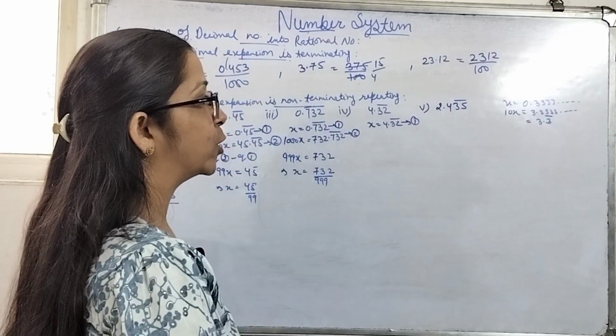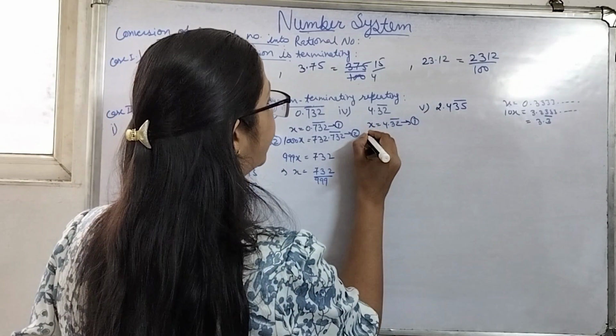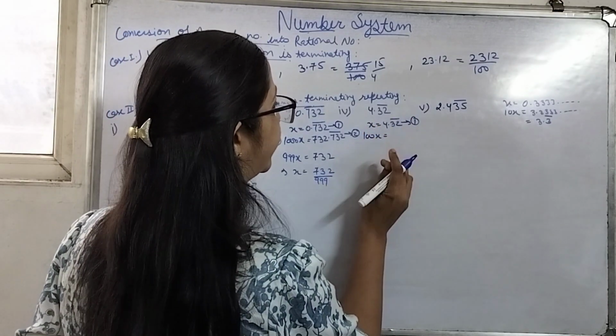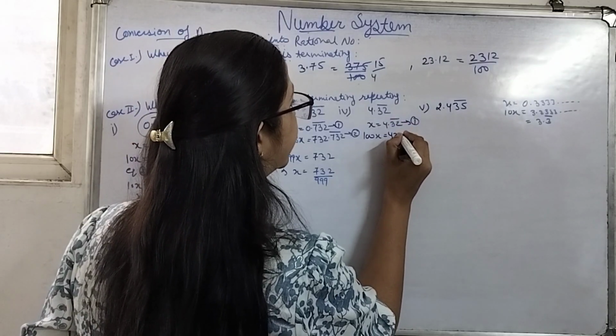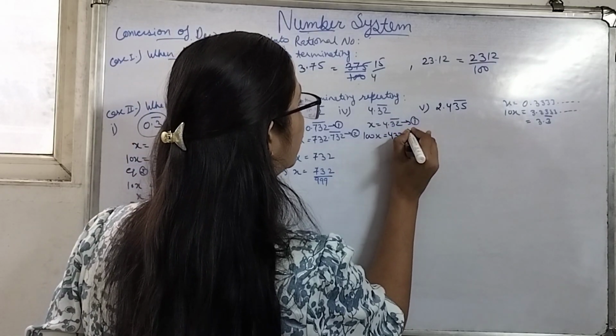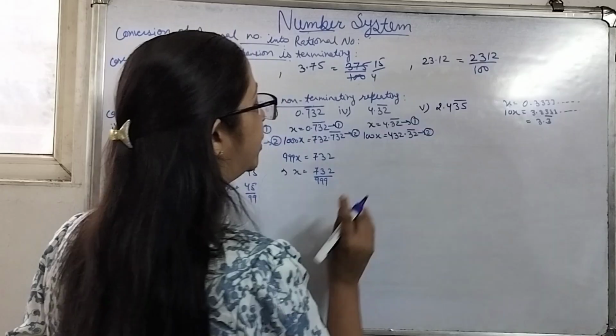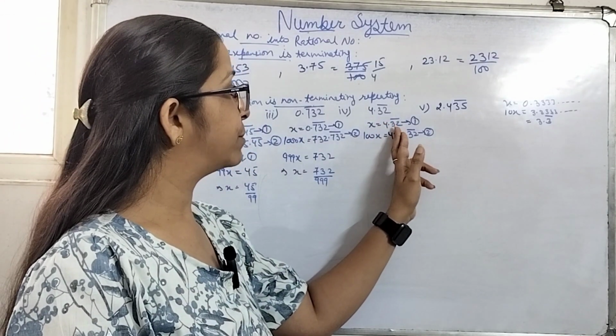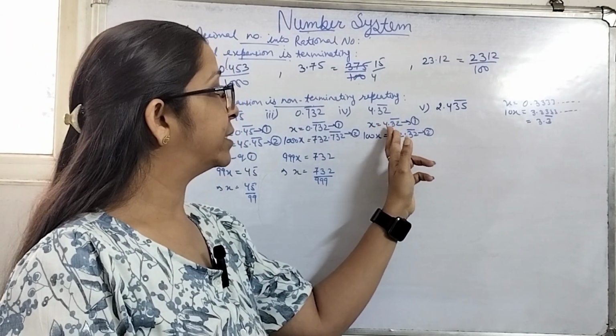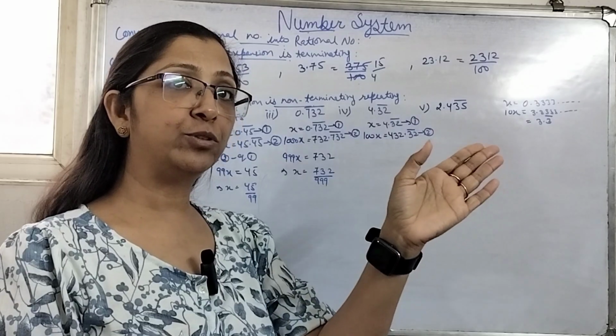If we multiply this equation number 1 by 100, this will become 100x is equivalent to 432.32 bar. This is your equation number 2. Because we have multiplied this by 100, this could even be written as 4.323232 like this.